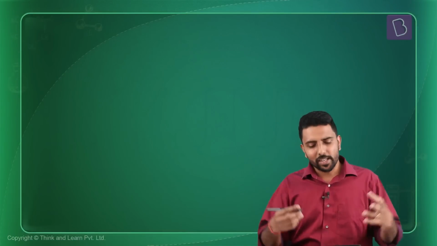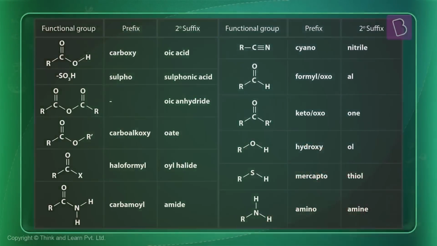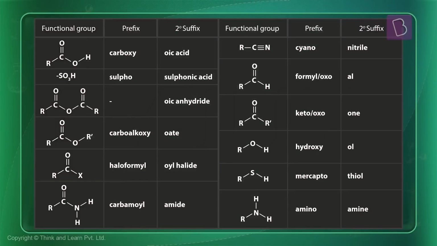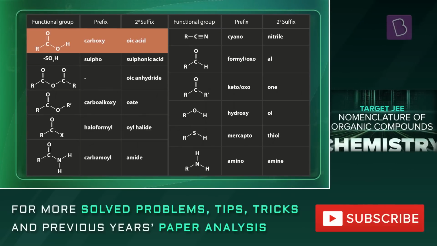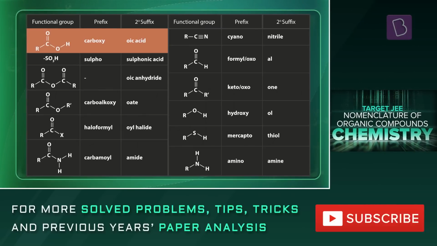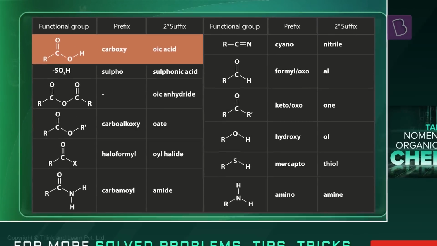Next up, let us take a look at the important functional groups and the order of importance, or the precedence or priority list that goes with each of these functional groups. To start with, we have the carboxylic acid group at the very top. As a secondary suffix, it is named as oic acid or carboxylic acid.